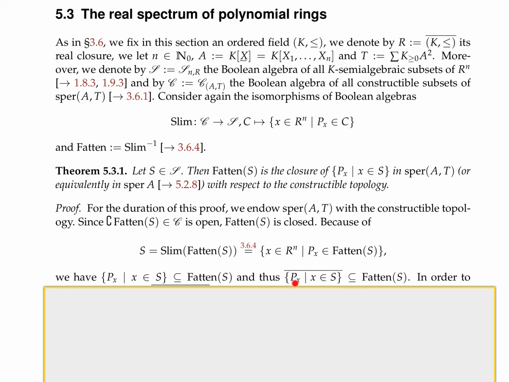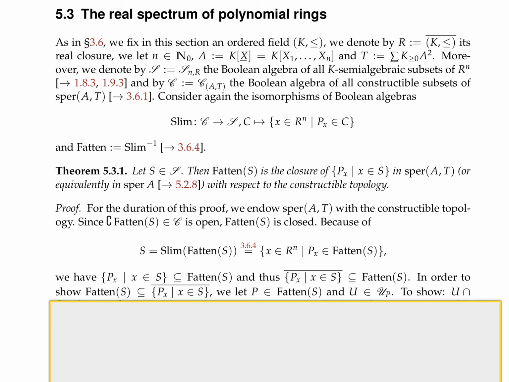So the closure of the set of prime cones P_x with x in S is contained in the fattening of S. And that's already one inclusion of the equality we are claiming, namely we are claiming that the fattening of S is actually the closure, so we have to prove the other inclusion.